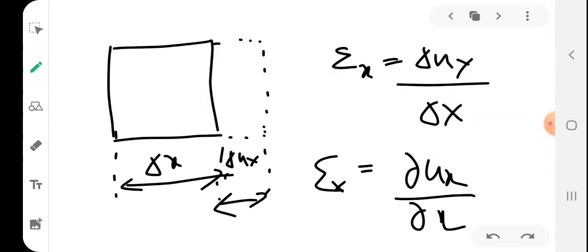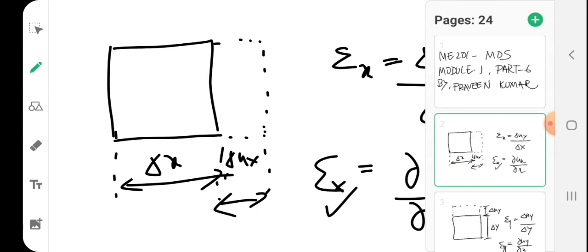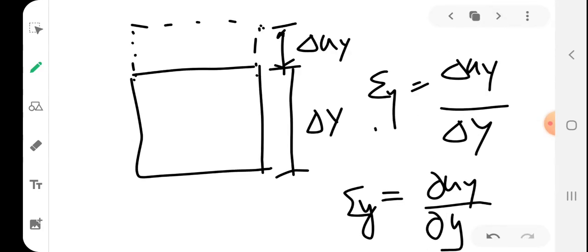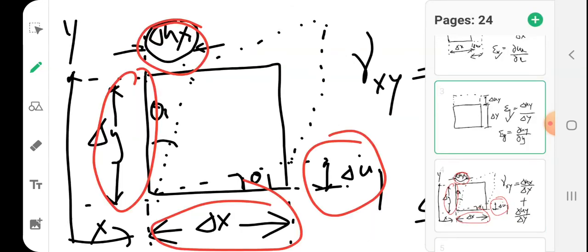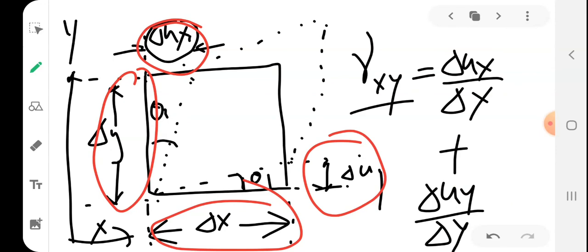So this is normal strain, epsilon x. This is normal strain in the y direction. Similarly, there will be a normal strain in the z direction also. And there is a shear strain in the xy plane. Similarly, there will be shear strain in the yz plane, and similarly a shear strain in the xz plane also.